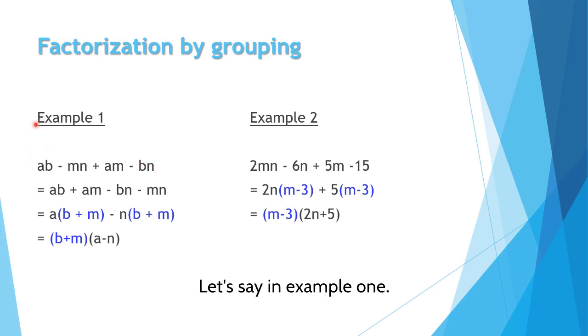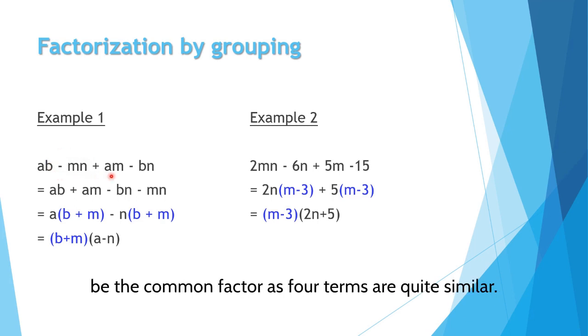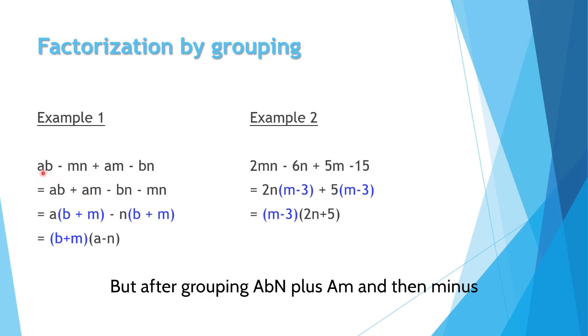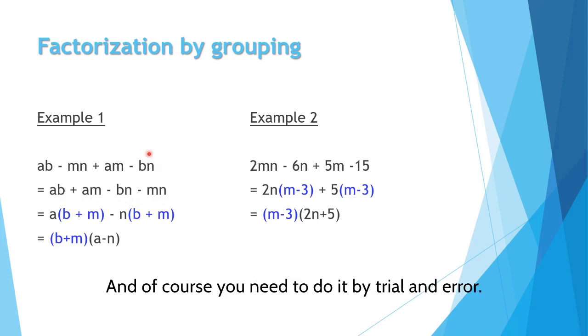Let's say in example 1, at first glance we do not know which one should be the common factor, as the 4 terms are quite similar. All of them have 2 letters. But after grouping abn plus am, and then minus bn and minus mn, we can see that both b and m could be the common factor. And of course, you need to do it by trial and error.